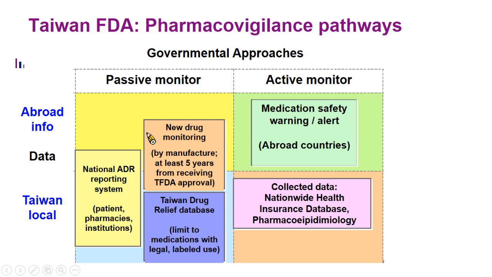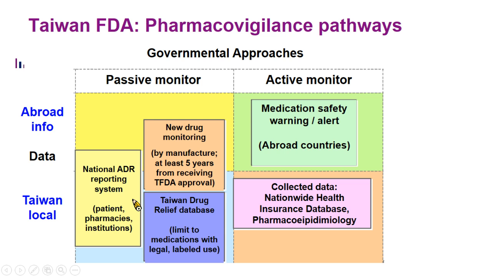And then another thing that we can do here is called the Taiwan Drug Relief Database. The Drug Relief Database is a place that is collecting patients' data where patients already had an adverse drug reaction, sometimes causing a very bad impact to health, like causing disability or even death events.